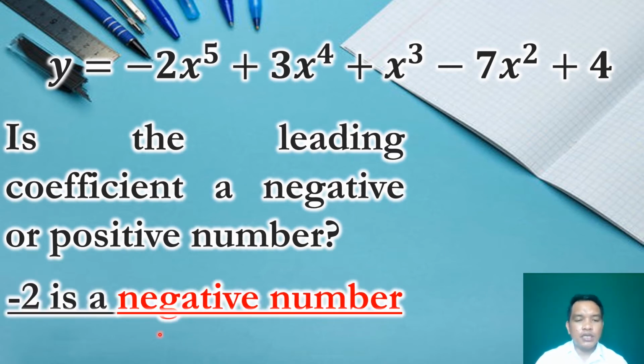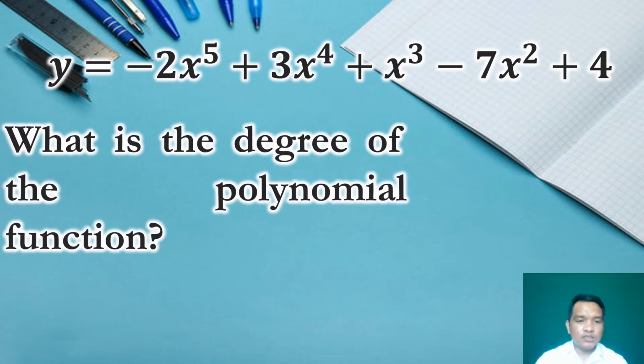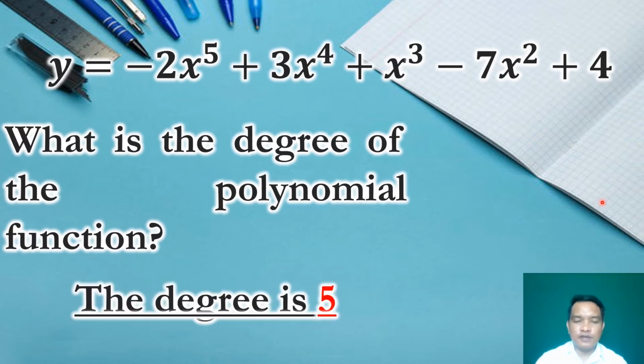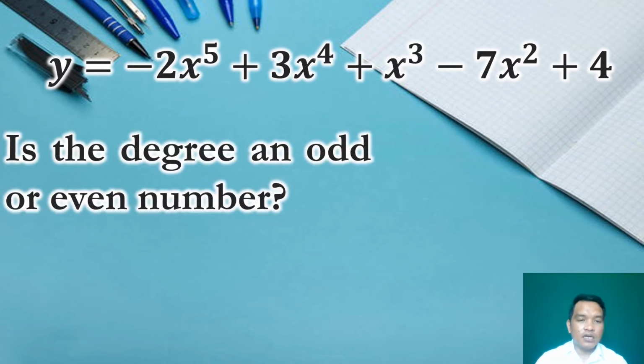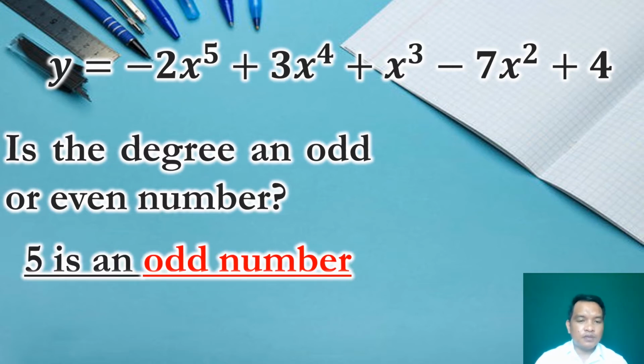Obviously, negative 2 is a negative number. What is the degree of the polynomial function? Sabi natin kanina, degree is the highest exponent. The highest exponent is 5. So therefore, the degree is 5. Is the degree an odd or even number? 5 is an odd number.